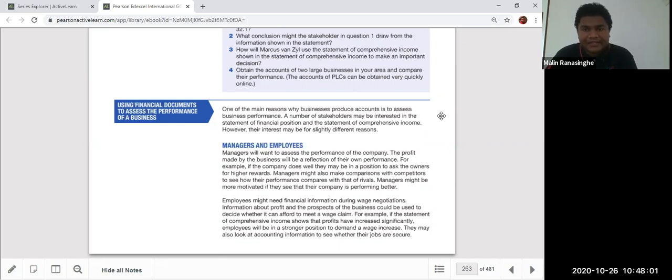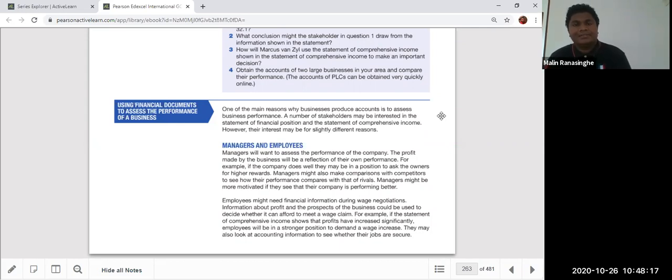Now managers and employees are really keen on the financial documents. Sometimes it's available online, for listed companies like John Keells and Nestle. I showed you last week how to access those. If it's a listed company, a PLC, everything is visible and accessible.